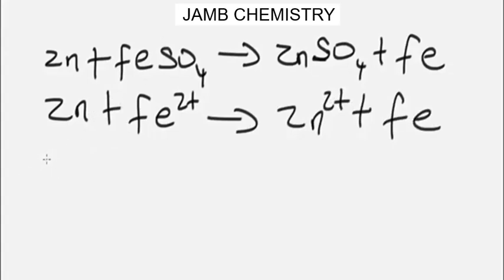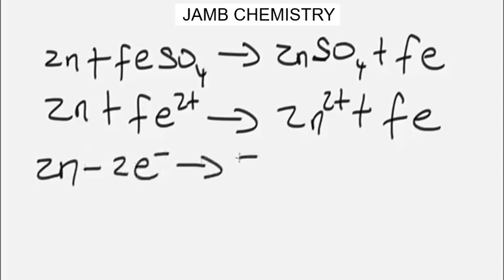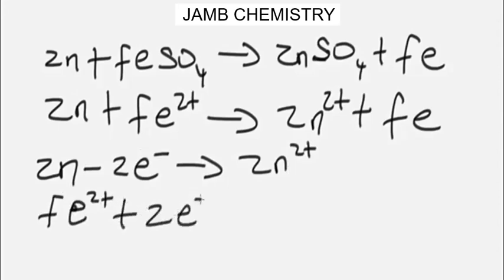So in this oxidation reaction, we're going to have zinc atom lost 2 electrons to form zinc ion, whereas the iron 2 ion gained 2 electrons to form iron atom.